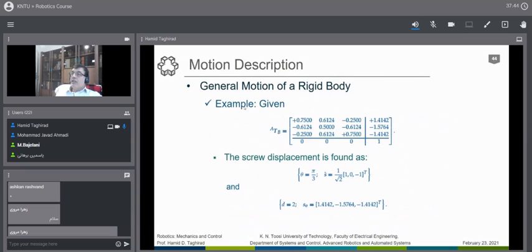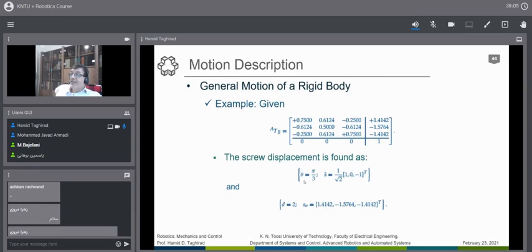Now, for the general motion, let's give an example here. I assume that a homogeneous transformation is given. How can we find the screw displacement? We first look at the rotation matrix, either get the eigenvalues and eigenvectors, or go to slide 28, where the formulation is there.